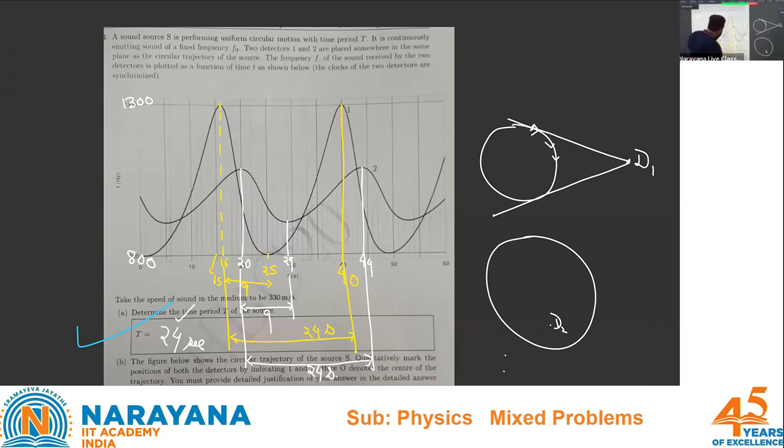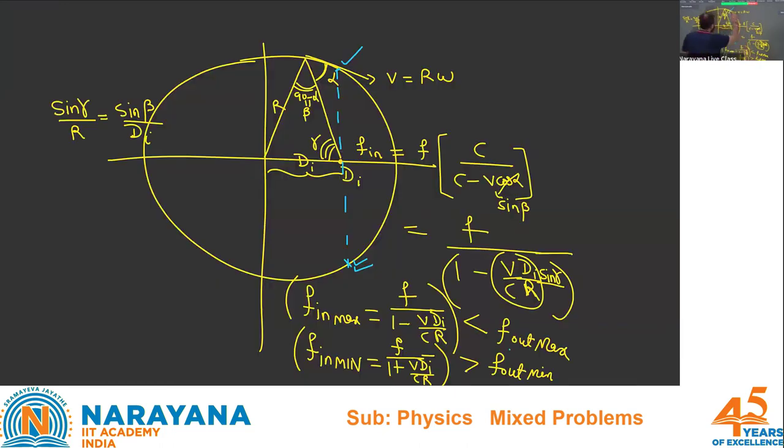This much is fine. Max to min, if you observe, you are getting 9 seconds here and 9 seconds here as well. That basically means that the angle this person will traverse here, let me call it some theta naught, and in the second situation, when the same person travels like this, the angle traversed will be the same, because he has a constant omega.